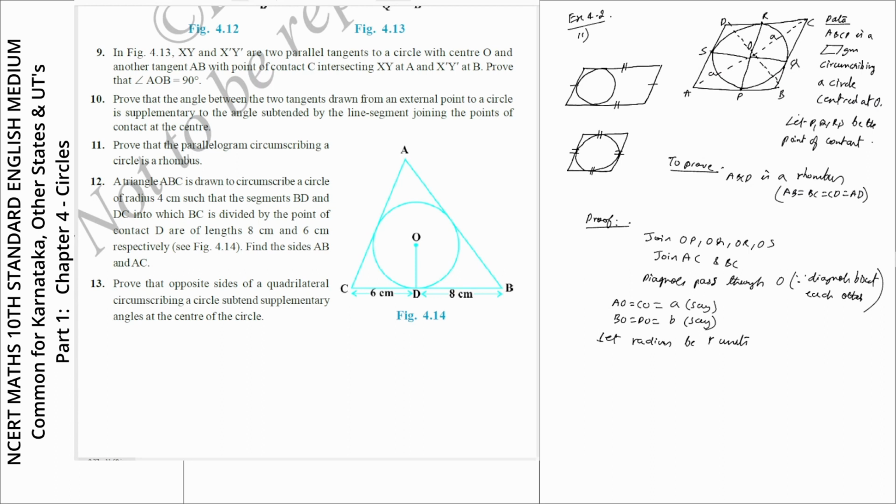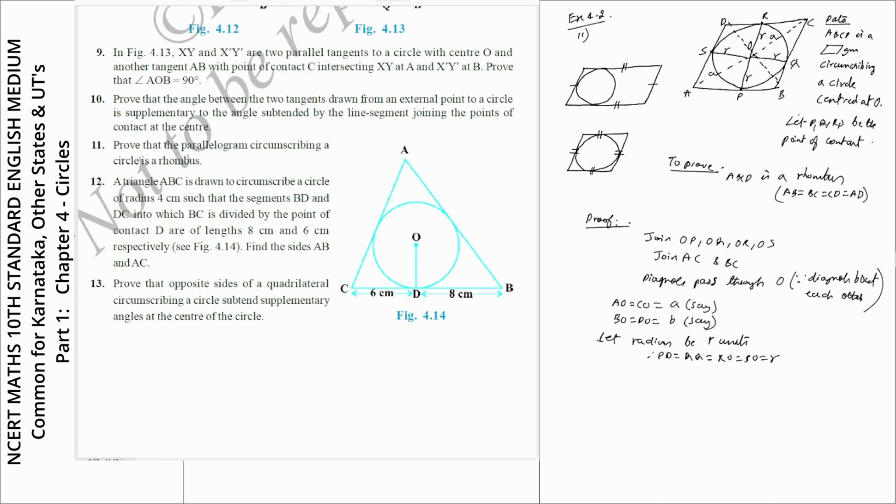So therefore PO is equal to QO is equal to RO is equal to SO is equal to R. And write in the diagram also, this is R unit, R unit, R unit and R unit.